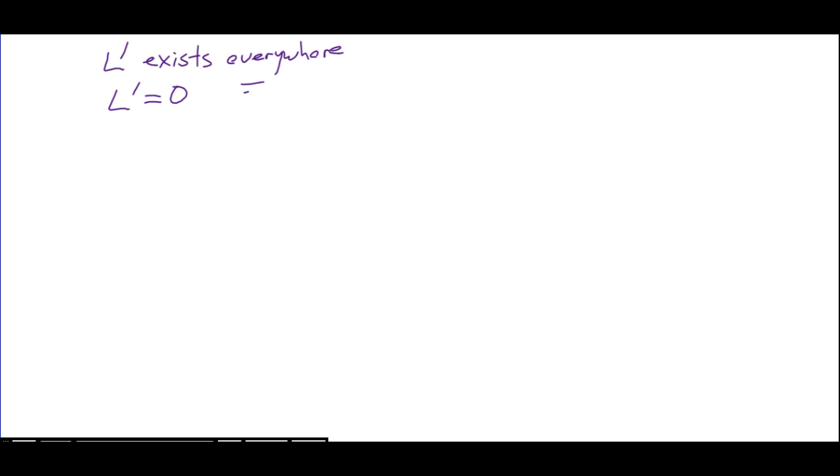and L prime equals 0 means that 0 is equal to negative 3 pi pr minus 8 pr plus 2 pk. And basically what we're going to do is solve this for r, right? We want to know what is the radius when.